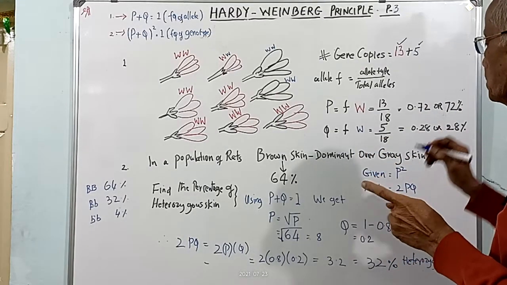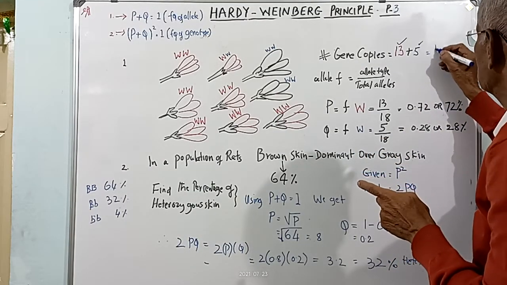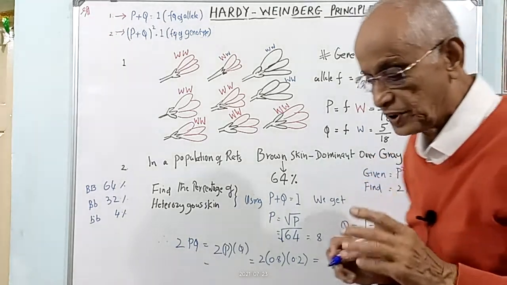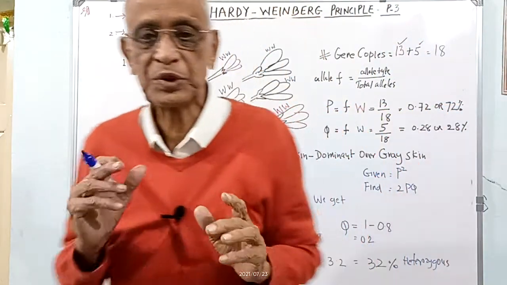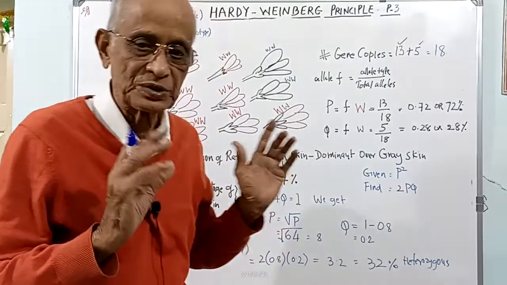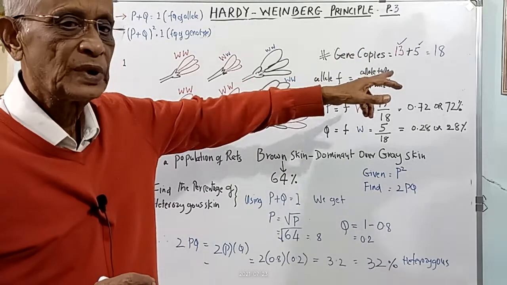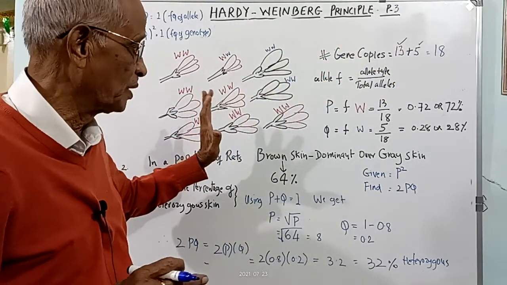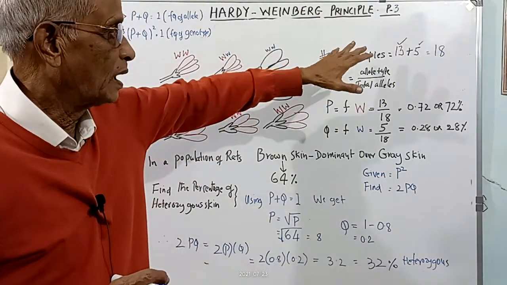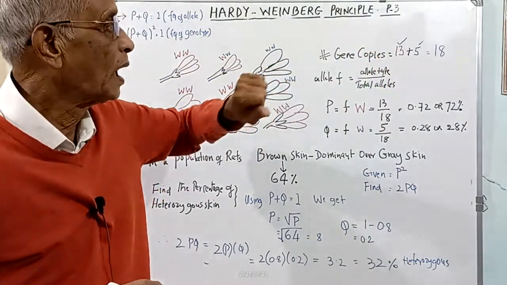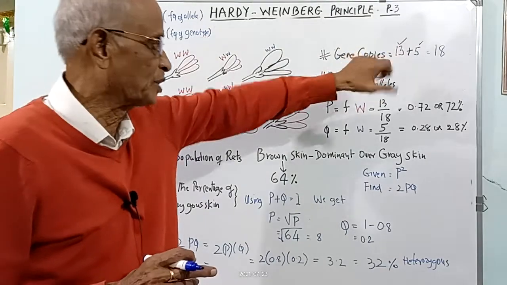So that would give you a total of 18 alleles. The frequency of the alleles in this case will be 18 numbers are there, in which 13 times in a population of 9 flowers, the dominant allele will appear, that is P will appear, and Q will only appear 5 times.